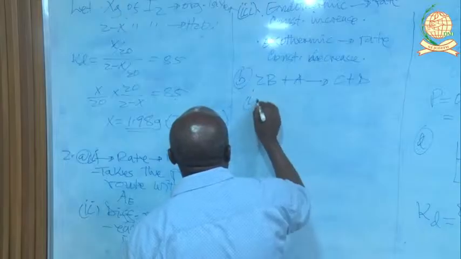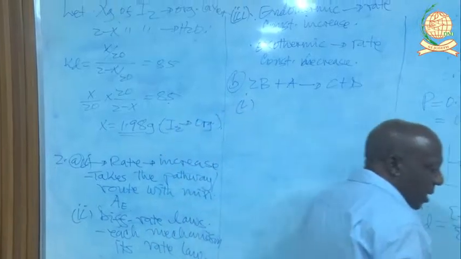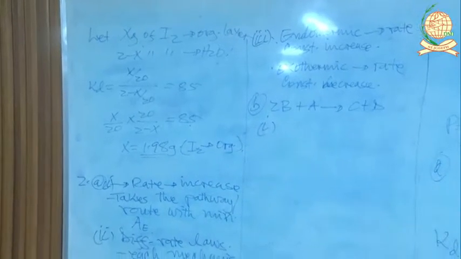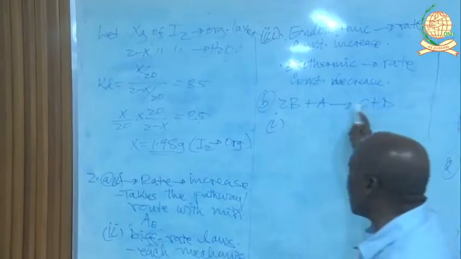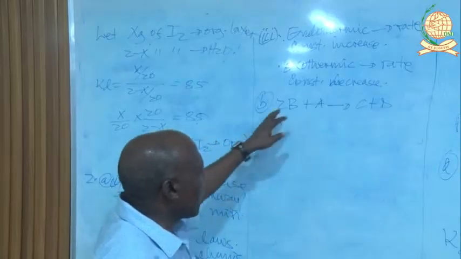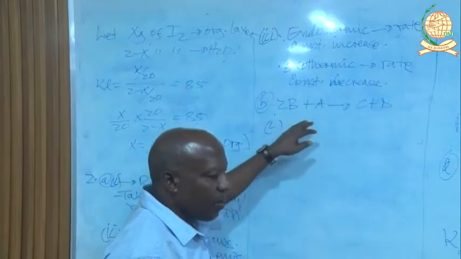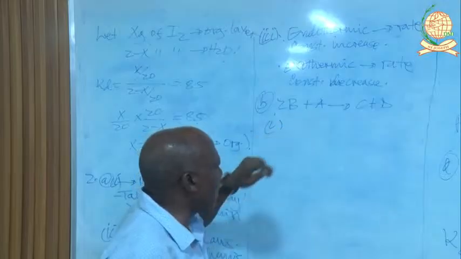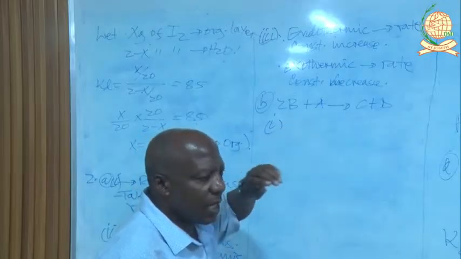So Roman 1 is that because doubling of concentration of A, while that of B was kept constant, rate doubled. But when both concentrations were doubled, meaning for A and B, still the rate was doubled.